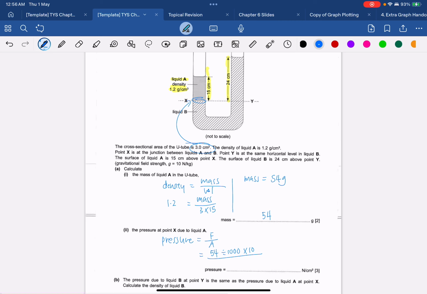Then the area is 3 because that's the cross-sectional area. So it's 54 divided by 1000 to change to kg, then times 10 to change to weight, then divide by 3, the cross-sectional area. This gives me 0.18.